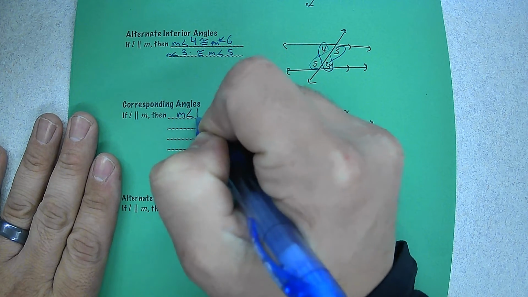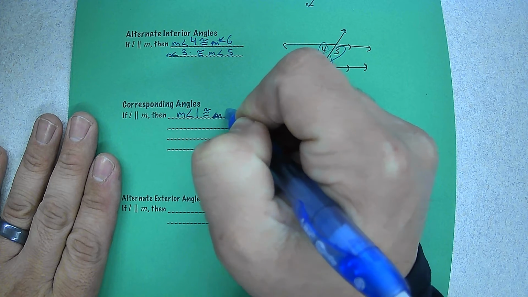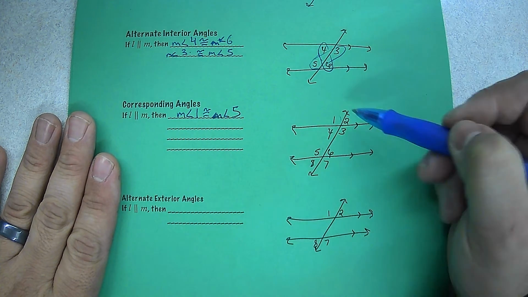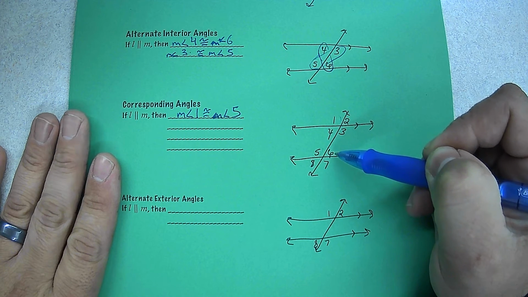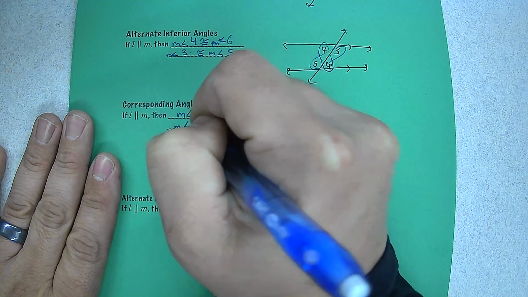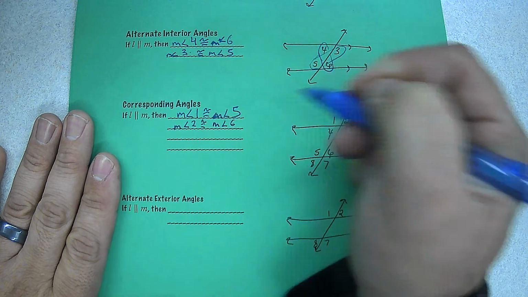So the measure of angle 1 is congruent to the measure of angle 5. Angle 2 corresponds to angle 6, so the measure of angle 2 is congruent to the measure of angle 6.